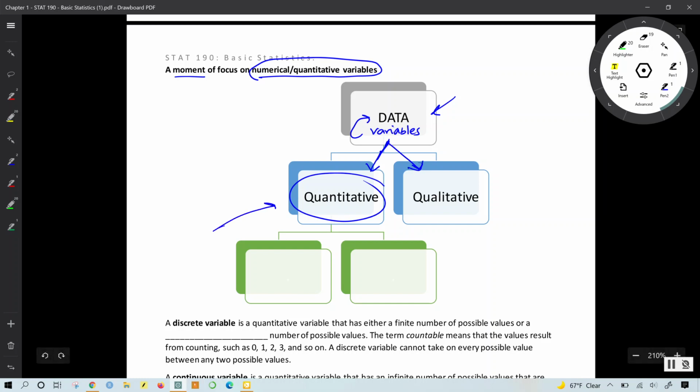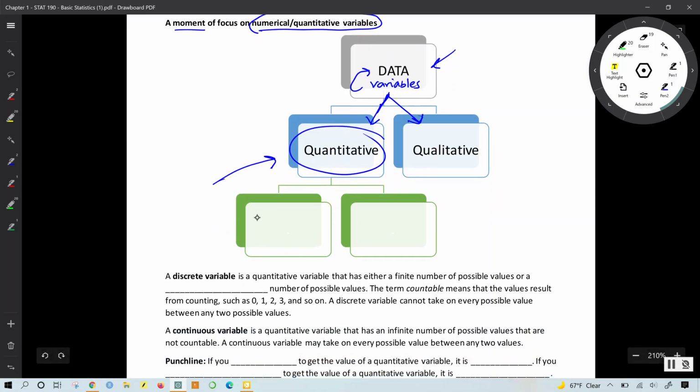As we said earlier, we're going to throw a special light on quantitative or numerical variables. These can either be discrete, which comes from a counting operation, or continuous, which comes from a measuring operation.